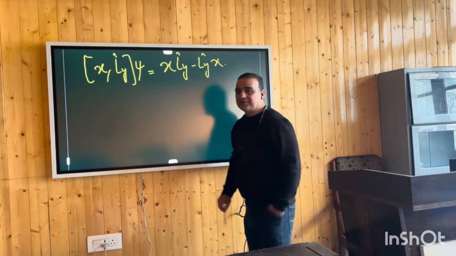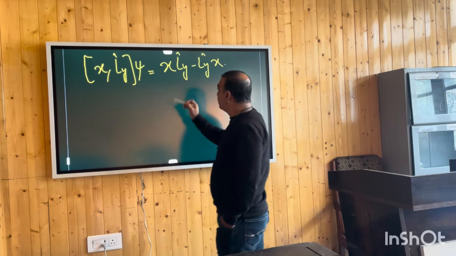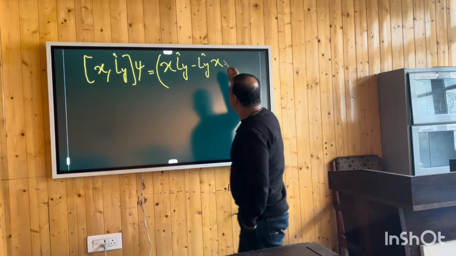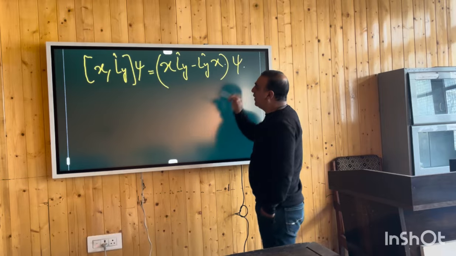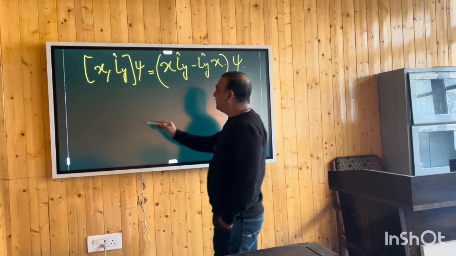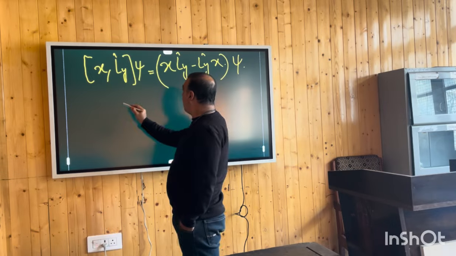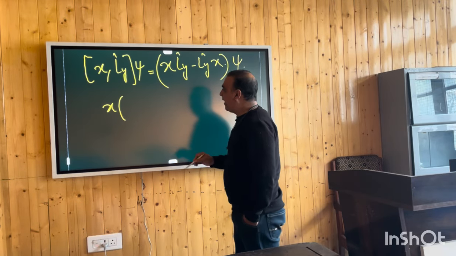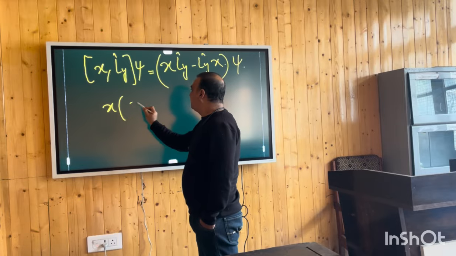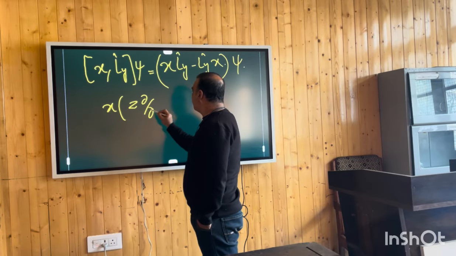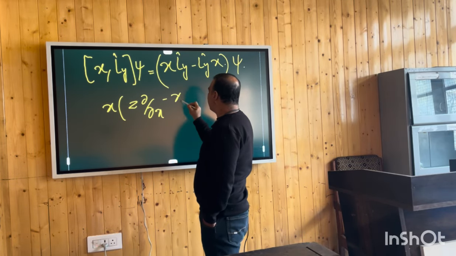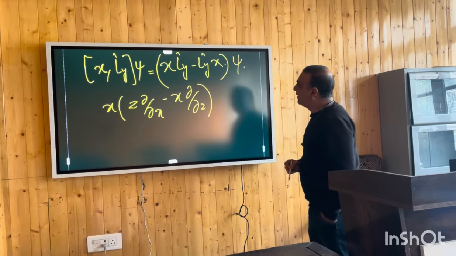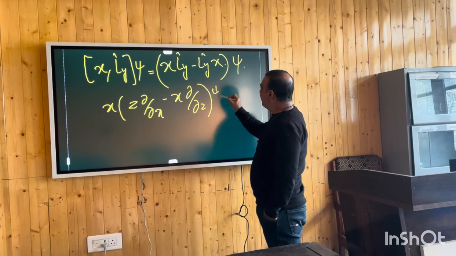Now let's resolve this problem. So what we have is x, which will act on the wave function psi. So what's going to happen here is you have x and Ly. What will be Ly? It will be z dou by dou x minus x dou by dou z, and then it will be multiplied by psi.